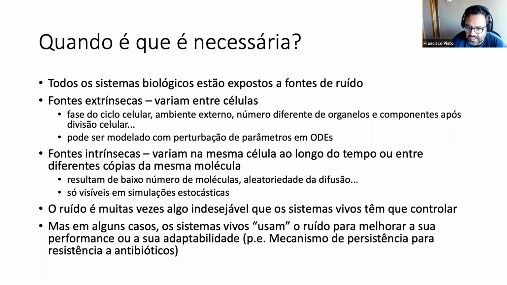So you insert the noise in the value of the parameters, for example. You make a large number of simulations where you assume that one parameter of the model has a normal distribution with a given variance and a given average mean, and then you perform hundreds of simulations varying those parameters according to that normal distribution.